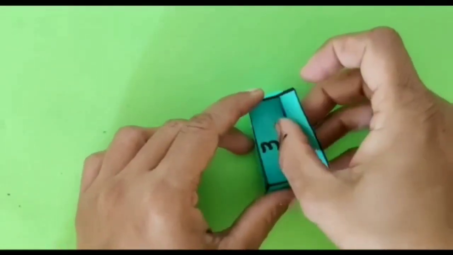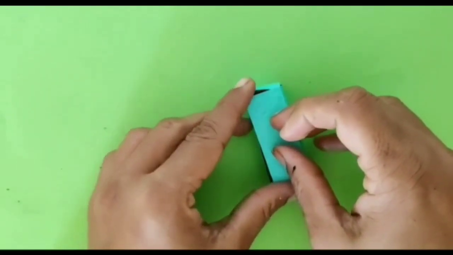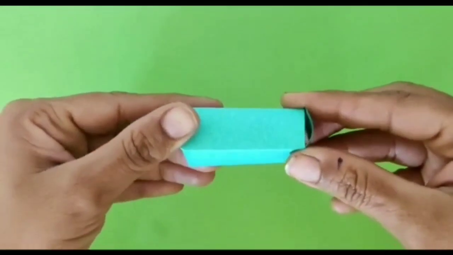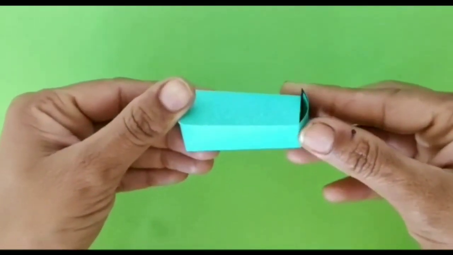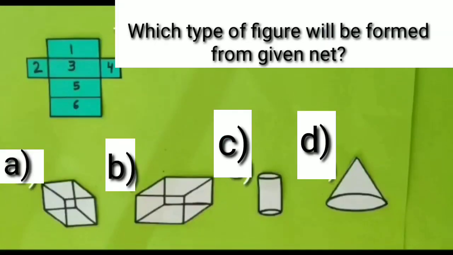And now I will fold its fifth box and join it with the sixth box. And here you can see the figure which is formed in front of us. It is a cuboid because it has 6 unequal faces. And this is our option B, and we will tick this option.